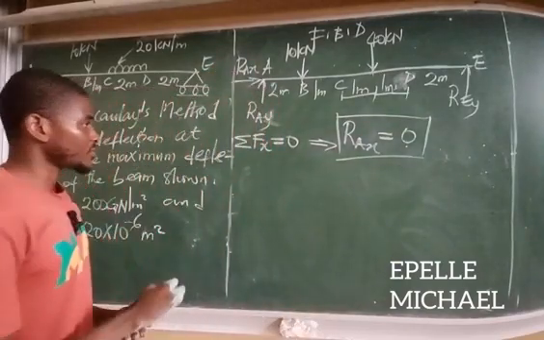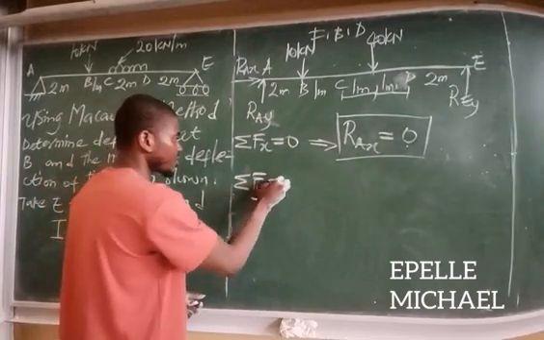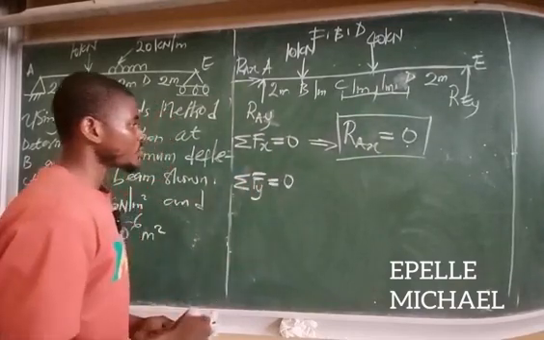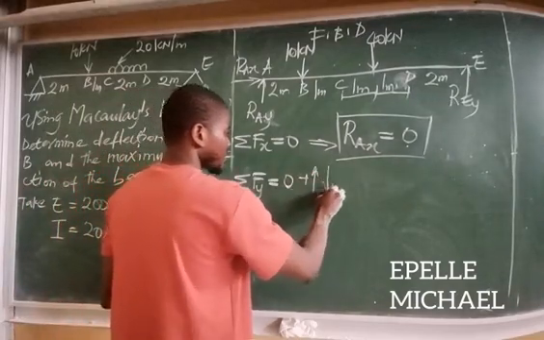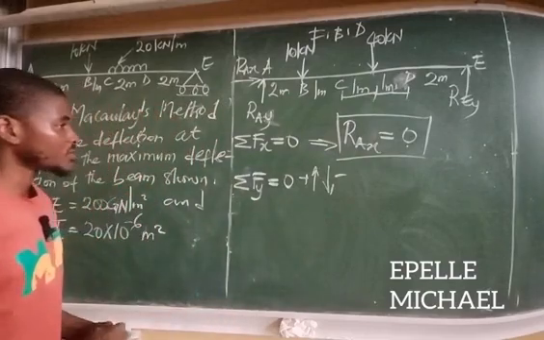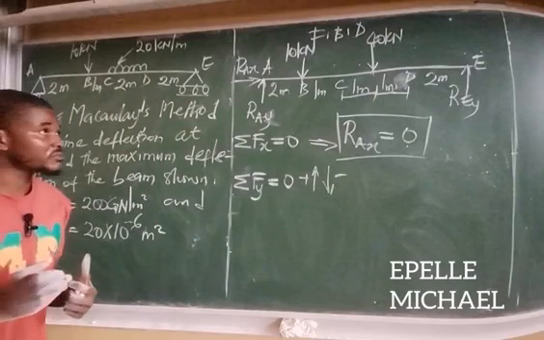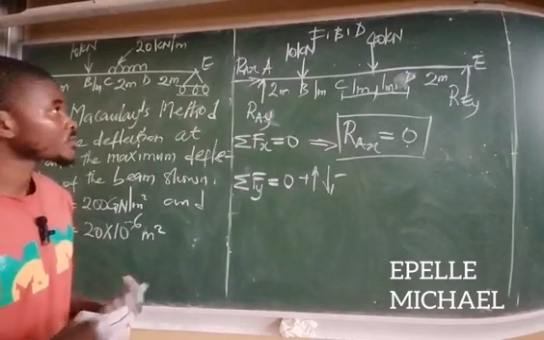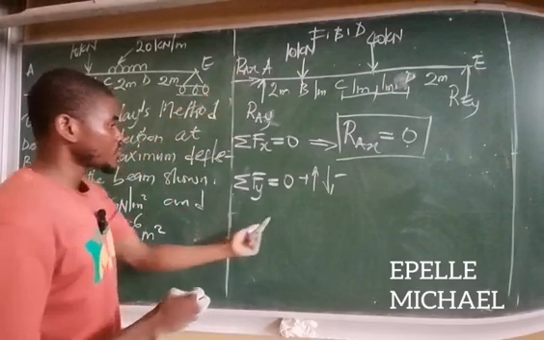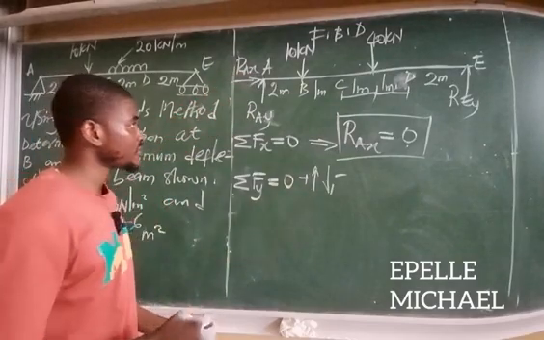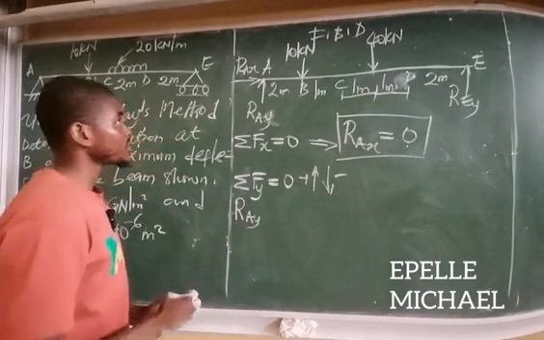The next equilibrium law says summation of vertical forces, summation Fy equals 0. We consider vertically upward forces as positive and downward forces as negative. So look at the beam, sum all the vertical forces and equate them to 0. At point A, we have RAY pointing upwards, so it is positive.